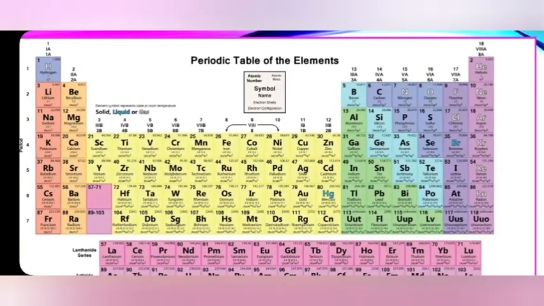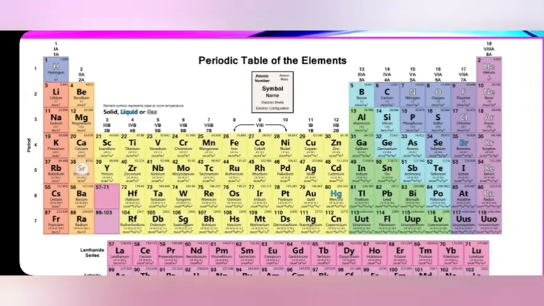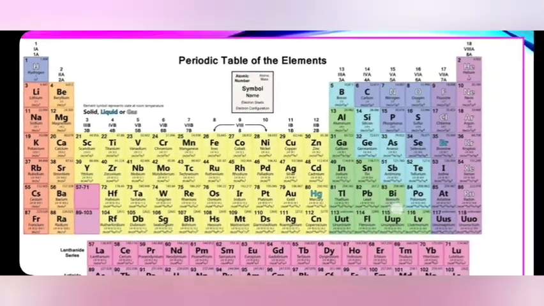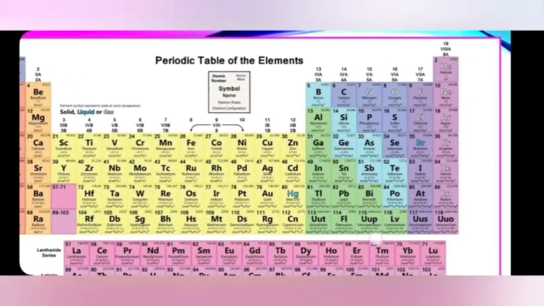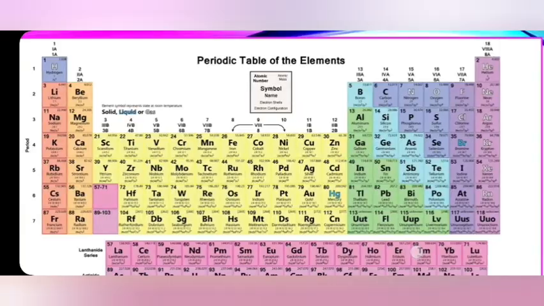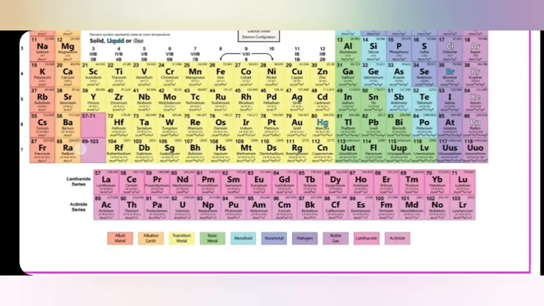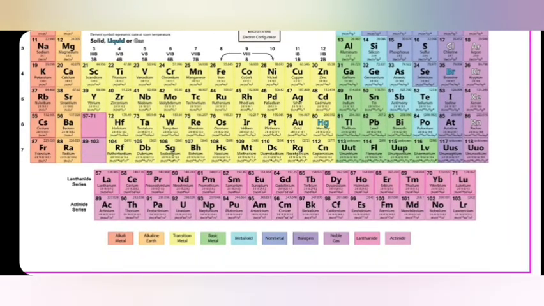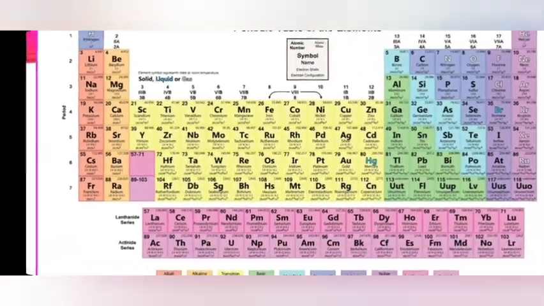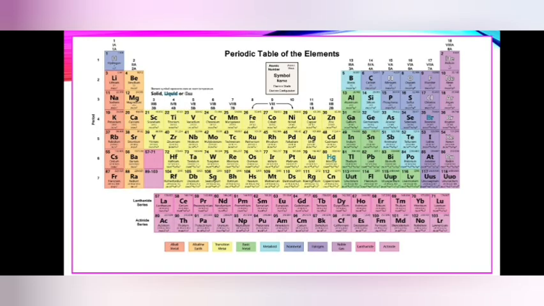Okay, this is a periodic table, and you can see that we have groups 1A, 2A, 3A, 4, 5, 6, 7, 8. These 8 groups are the main groups, and in the middle, the yellow ones, we have the transition elements, and the pink ones are the lanthanides and the actinides. The first group, 1A, is called the alkali metals. The second one is the alkaline earth metals.